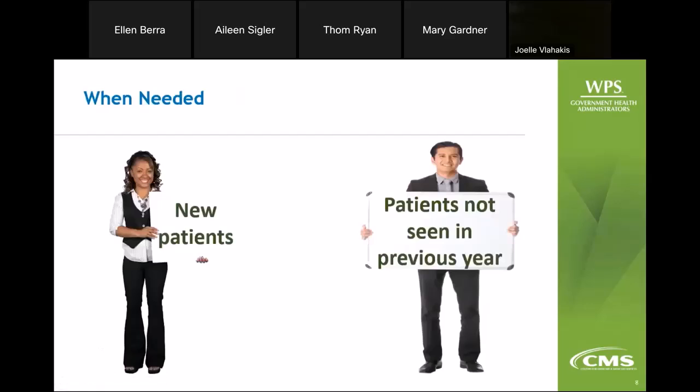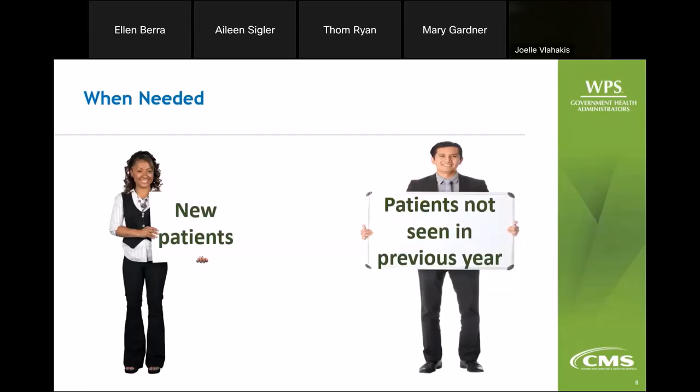So when is an initiating visit actually needed for a patient where you're going to do chronic care management? As you can see in your handout and on the slide, you have to have one for new patients, and you have to have one for patients not seen within the previous year.